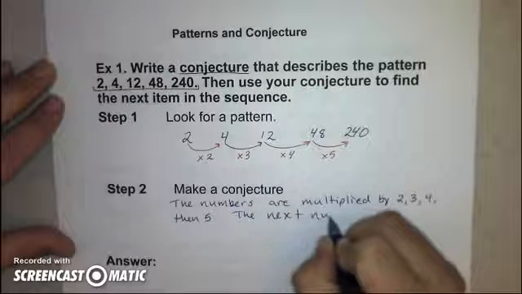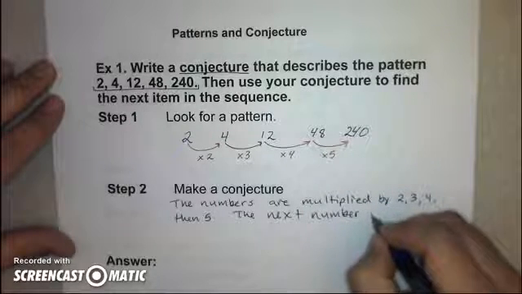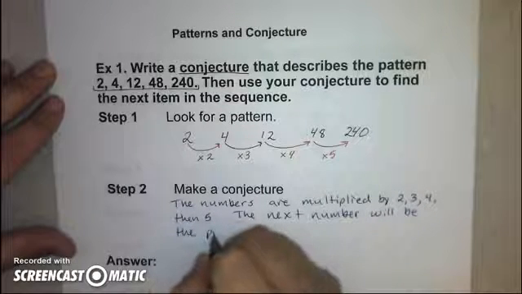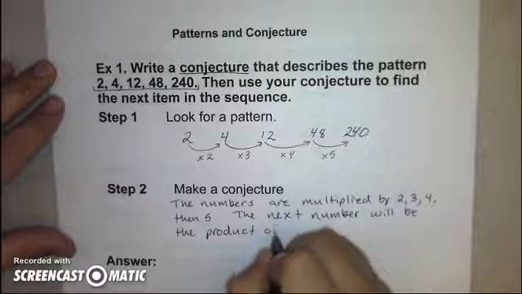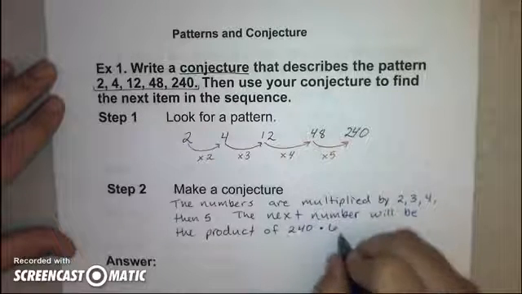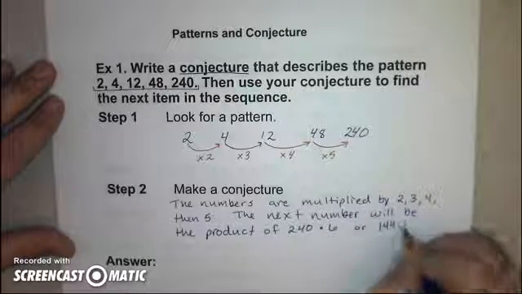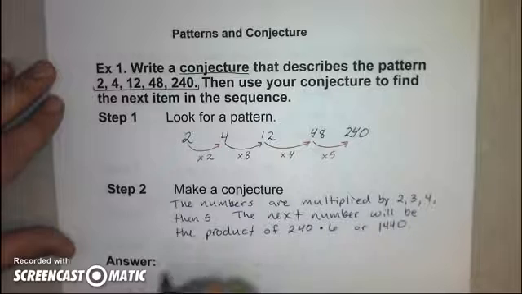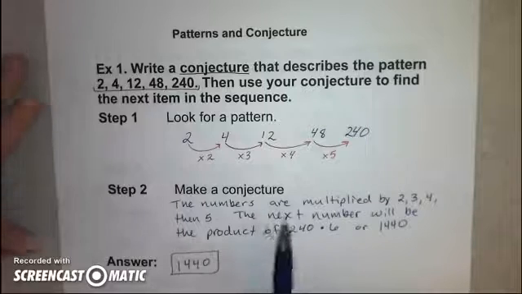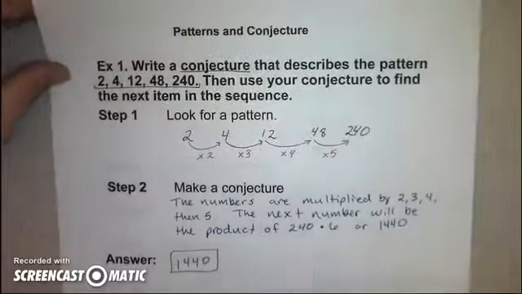The next number will be the product of 240 times 6. We would multiply by 6, or 1,440. So our answer, the next item in the sequence, is 1,440. Okay, but that is our conjecture. You're explaining what the pattern is and how you would achieve the next item in the pattern. That's our conjecture about this set of examples.